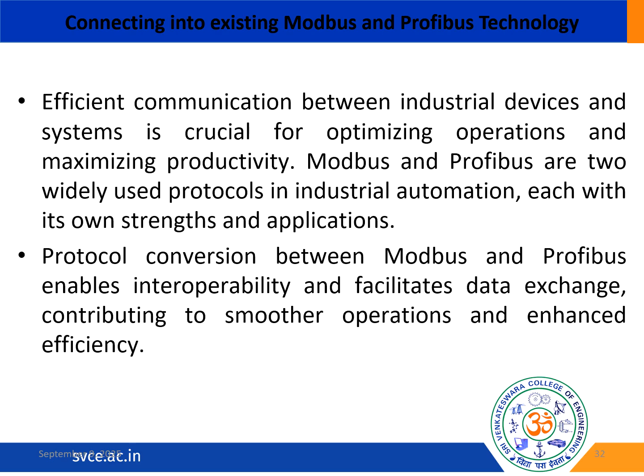Modbus and Profibus are two widely used protocols in industrial automation, each with unique strengths. To increase communication between industrial devices, some control system is essential for streamlining operations, and it has also boosted productivity.